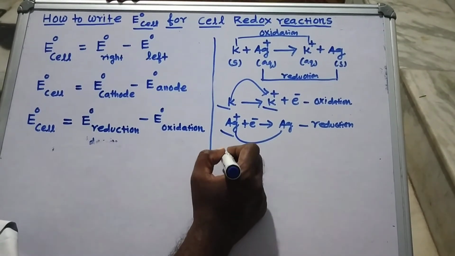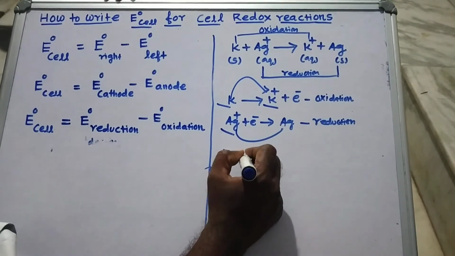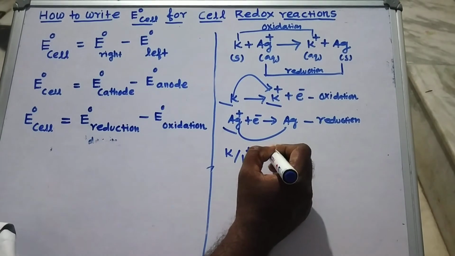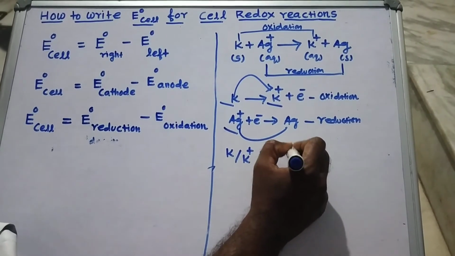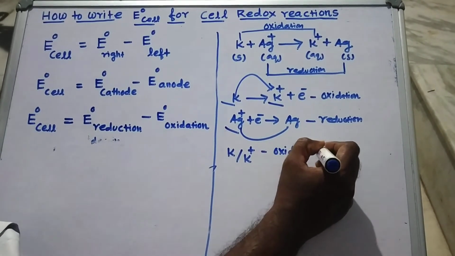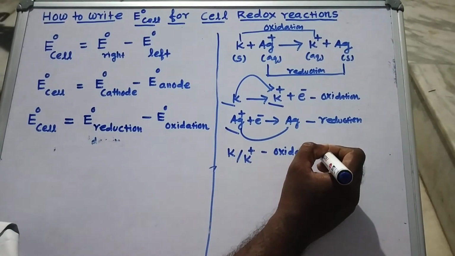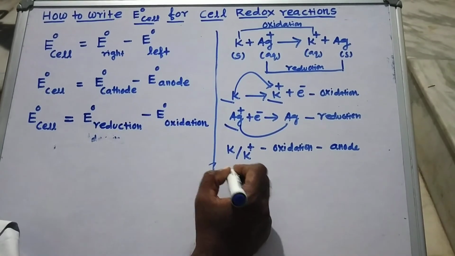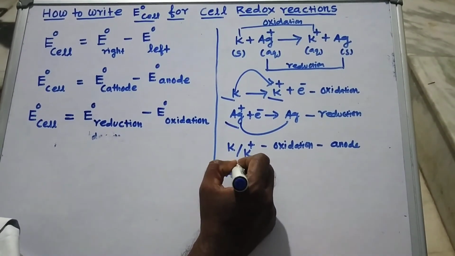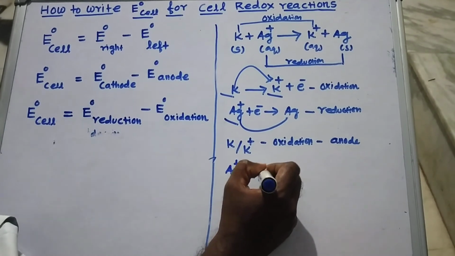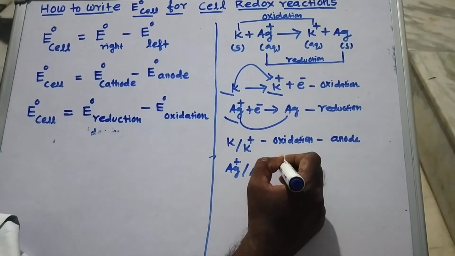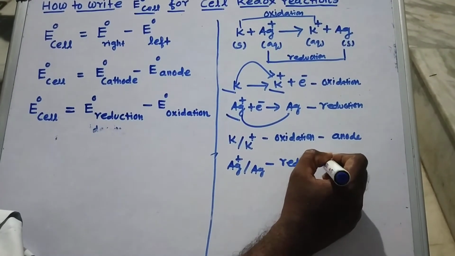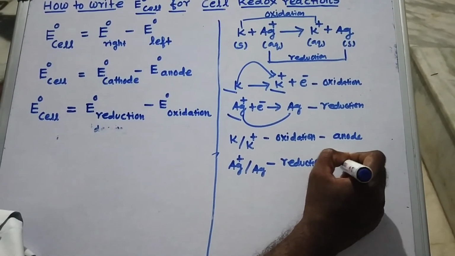So it's well known that when K becomes K plus, the process in which electrons are lost is called oxidation. Therefore the cell in which the oxidation takes place is called the anode. Then Ag plus becomes Ag by the gain of electron, so the process is called reduction. The cell in which reduction takes place is called the cathode.